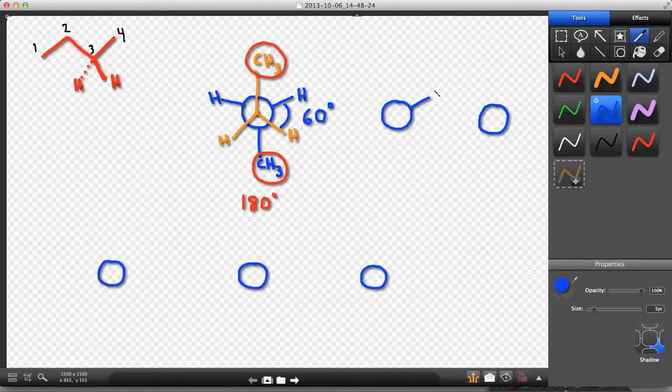So in each case, these hydrogens and the methyl group will be the same. I will not change them.